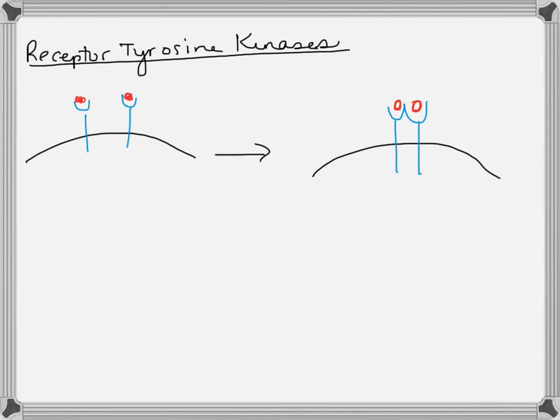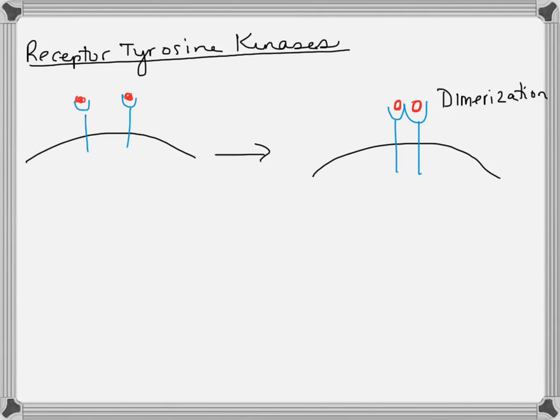And you'll recall that that plasma membrane is fluid and does allow proteins to move laterally within the membrane. So these two proteins will come into close proximity with each other, and this ligand binding facilitates this process that we call dimerization. A dimer is a group of two of something, so here we have two receptor tyrosine kinases in close contact with each other.